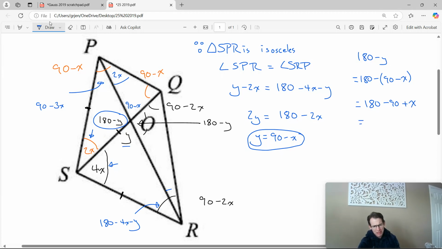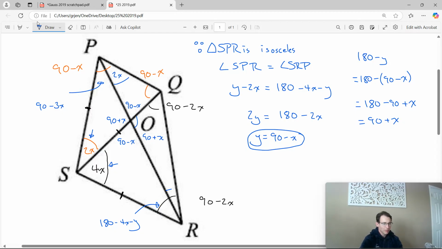Oh, that would be such a terrible thing to do. Okay, so that's 90 plus x. All right, so we're getting rid of our y's. 90 plus x. And then that one down there is just y, so it's 90 minus x. And this one is 90 plus x here. 90 plus x, that's this angle. And this is 90 minus x.